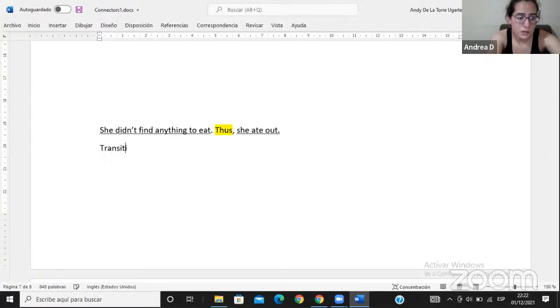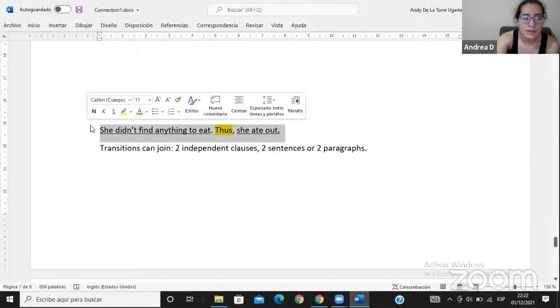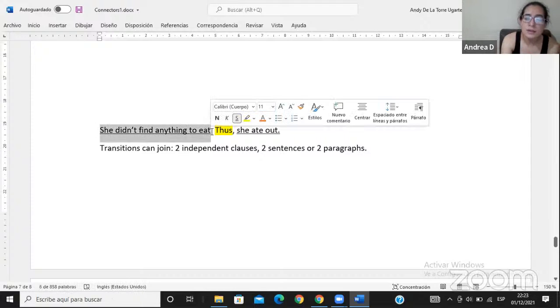So transitions can join two independent clauses, two sentences, or two paragraphs. So in this case, it is actually not joining two independent clauses, it's joining two sentences, right? Because here you have a period. So when you have a period, that means that this is a sentence, right? So it's joining two sentences in this case.